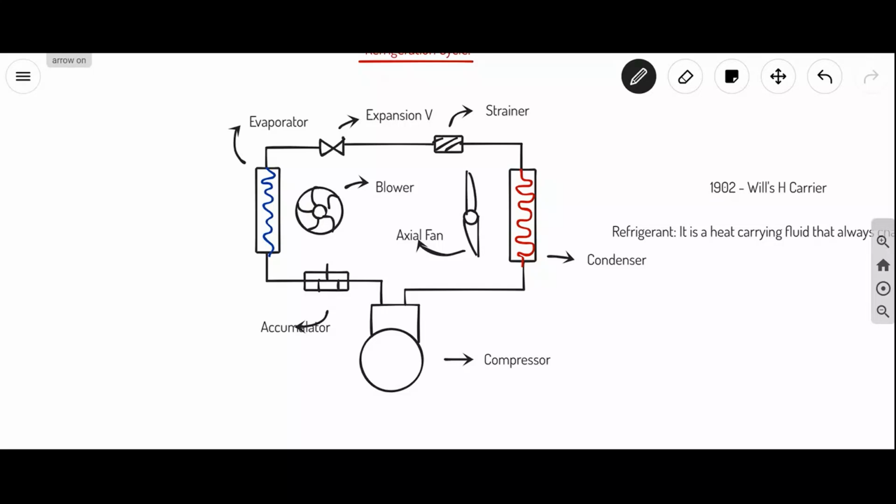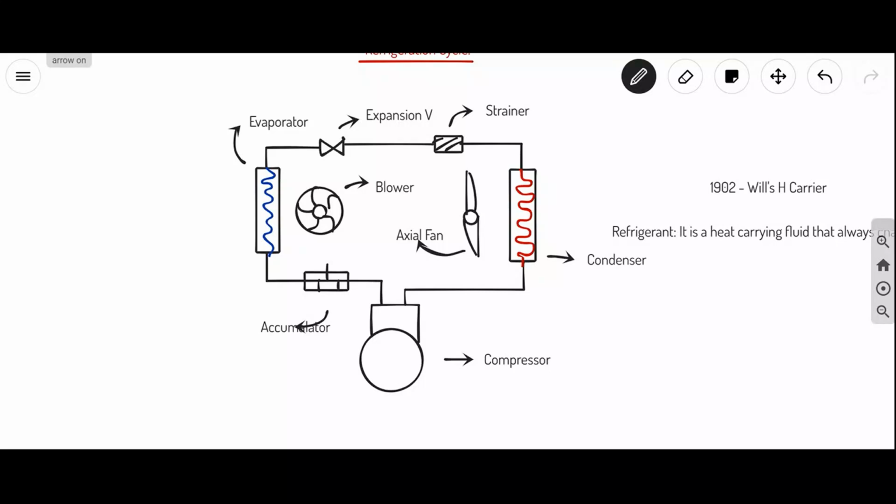So all these components are connected with copper tubes or copper pipes. Now compressor is called the heart of the refrigeration cycle. What is your heart doing?